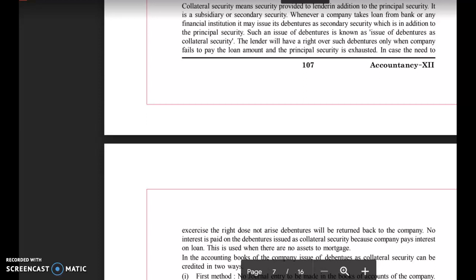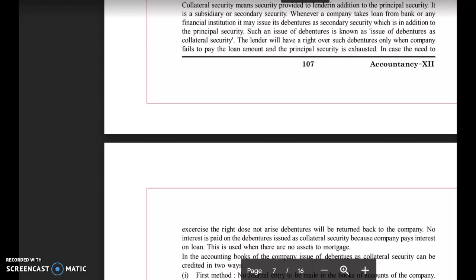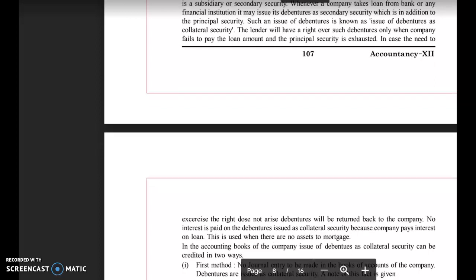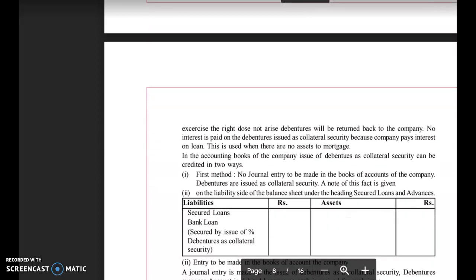Now, when the company issues debentures as collateral security, there are two accounting methods to deal with them. As per the first method, generally no entry is recorded in the books of account, as debentures are not actually issued, so the entry will be there only for taking the loan from the financial institution. The entry will be bank account debit to bank loan account.